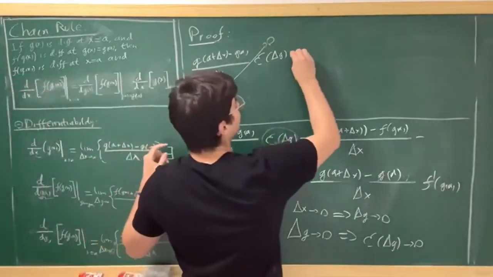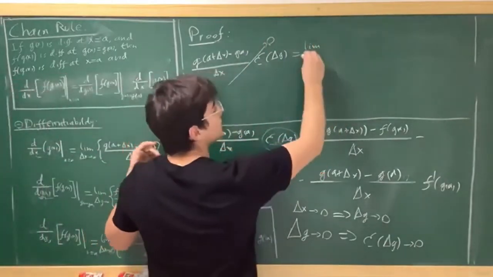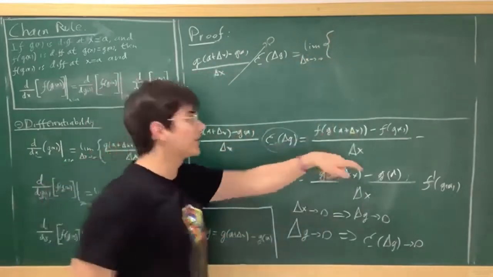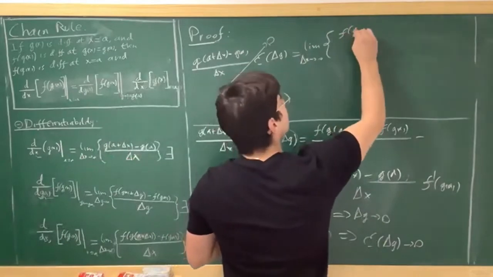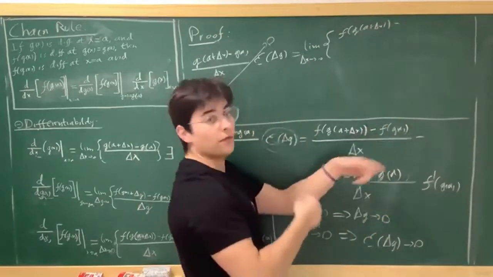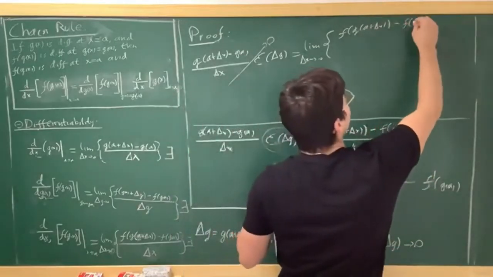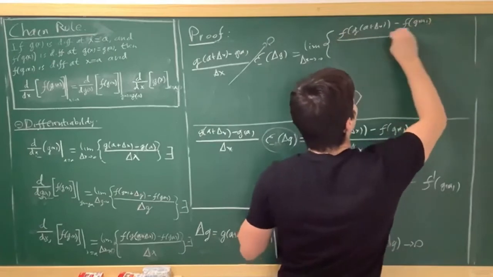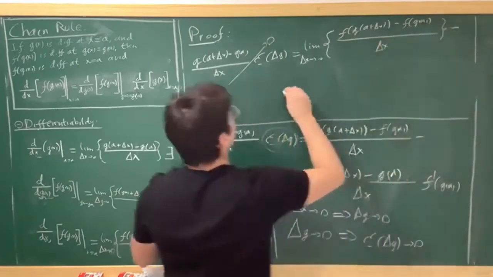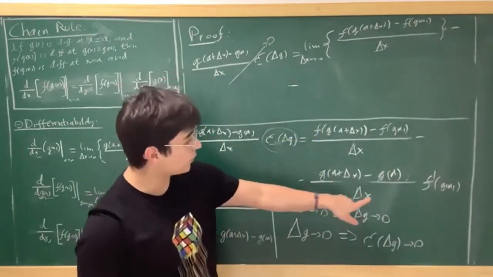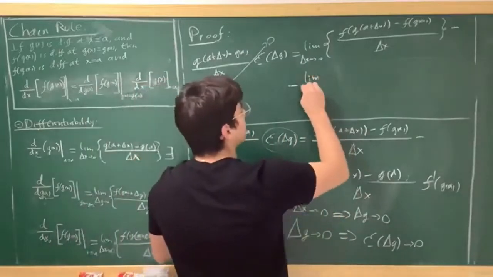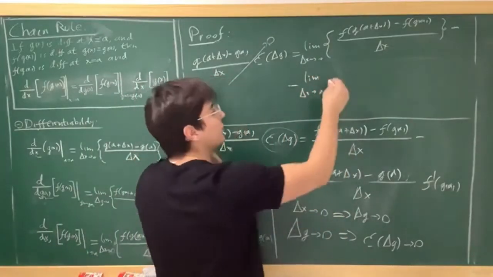And also, well, we can just rewrite this as taking the limits of this expression right here, f of g of a plus the increment in x minus f of g of a over my increment in x. Minus, yeah, what we have right here. And what is the limit when we, well, let's just write it and figure it out afterwards, but we already know what this is going to give us.